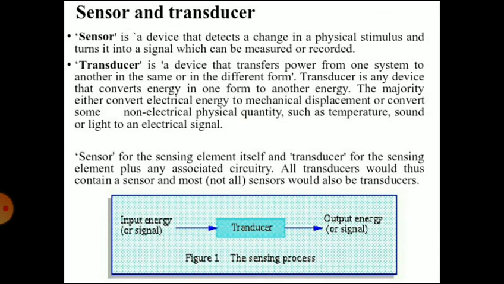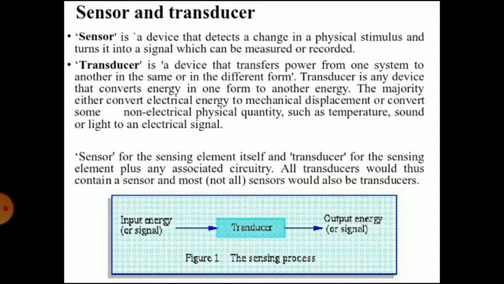Good morning. Today we will discuss displacement transducers or sensors. The difference between a sensor and a transducer is that a sensor is a device that detects a change in a physical stimulus and turns it into a signal which can be measured or recorded.